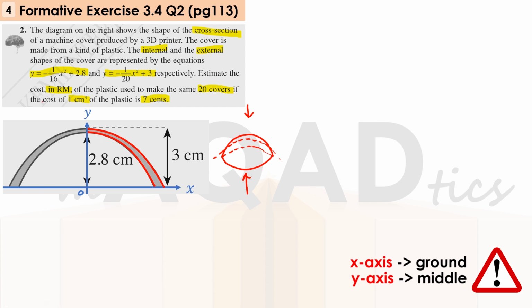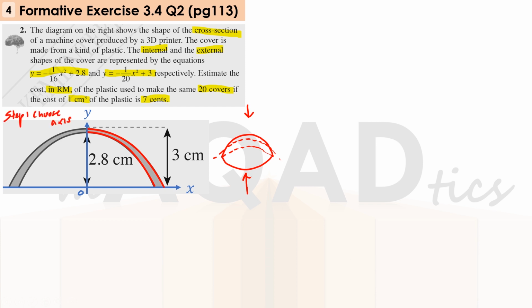If you imagine we are putting it here, it will be hard, because it's not at the center, it's at the side. If you want to rotate around the y-axis, technically this whole diagram will rotate together. So to avoid this kind of complex calculation, we just put the y-axis in the middle. So y-axis in the middle, x-axis on the ground to have simple calculations.